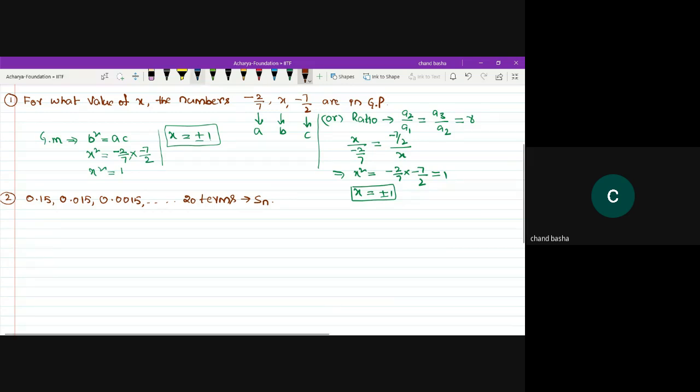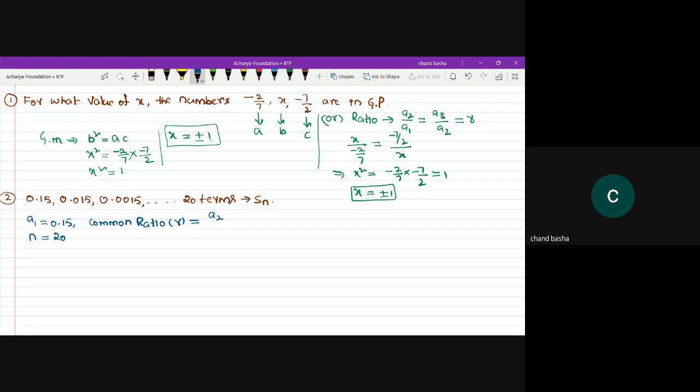So we have the first term, A1 is given to you, that is 0.15, and n is also given to you, that is 20. We require the common ratio, that is the R value. It should be what?